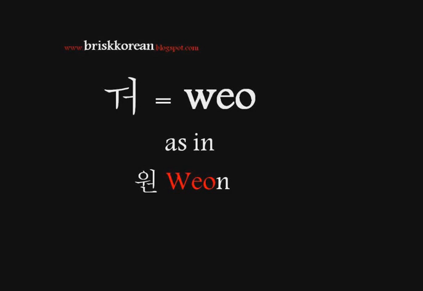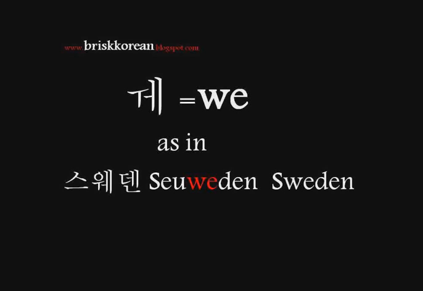This is the Korean currency. Won. Alright? The next one, we have the U and the I sound. And we have wi. See? Not difficult. For example, we have Sweden.